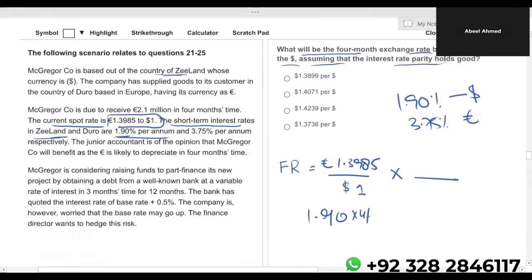1.90 times 4 by 12. Let's see what I'm getting. Actually, I'm getting 0.6333%. 3.75 times 4 by 12, I'm getting 1.25%.